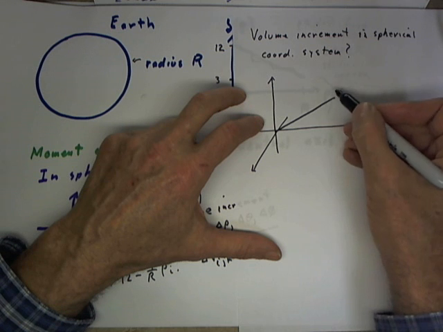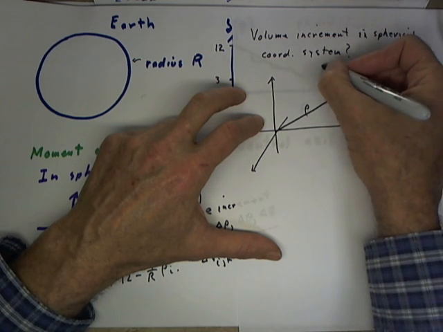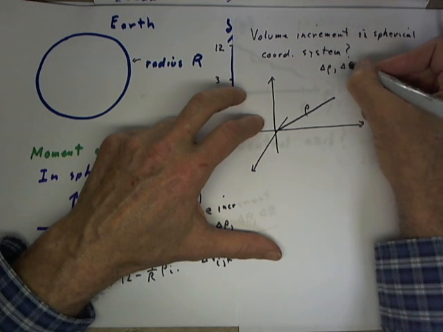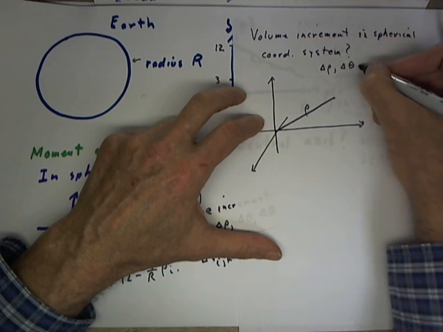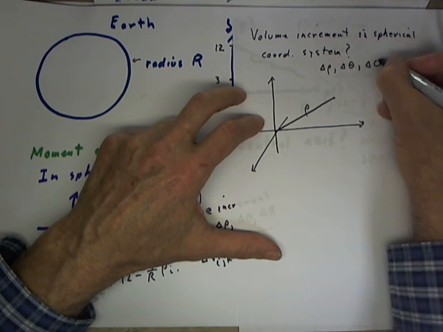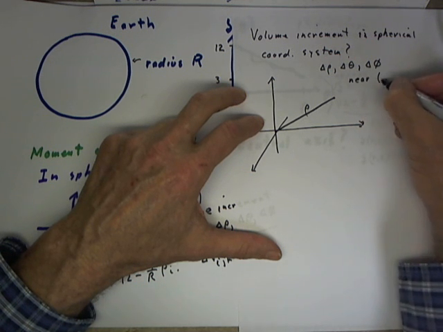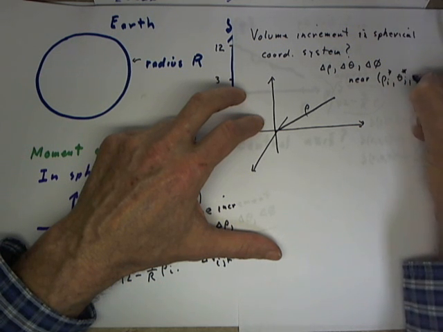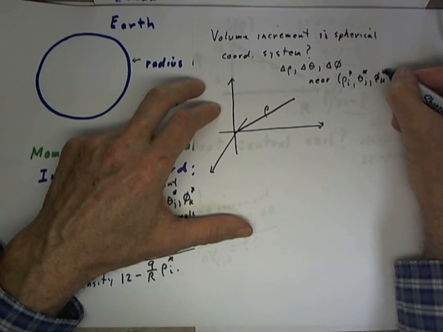We have a point at some distance rho, and delta rho, and let's just make this a delta rho, delta theta, delta phi, near the point rho I star, theta j star, phi k star.